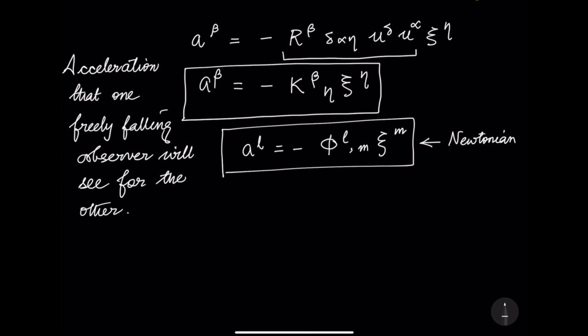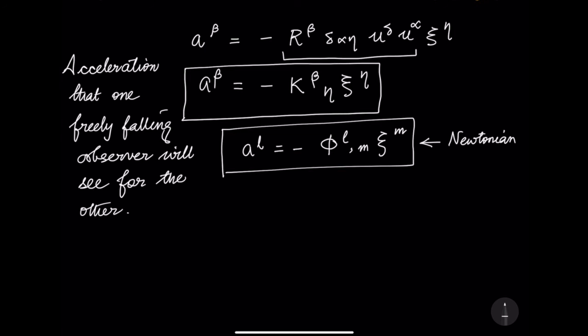If you identify that second derivative of potential with that K over there, it is exactly the same equation. What has happened? We have realized that a changing potential, or a potential which is non-uniform, or in second order if you wish, is essentially equivalent to a curvature in space-time.